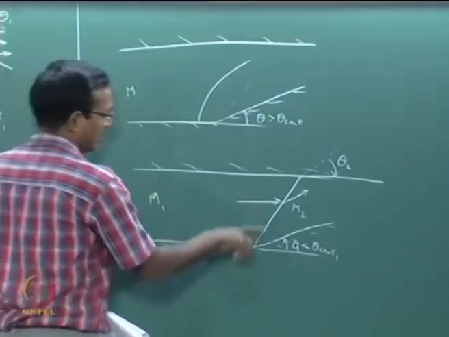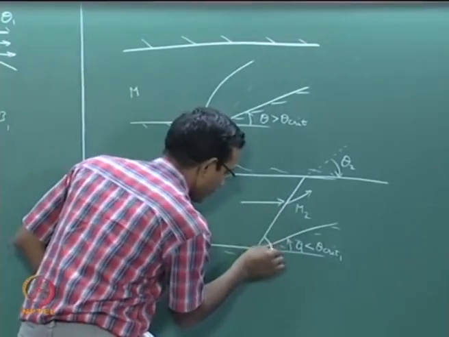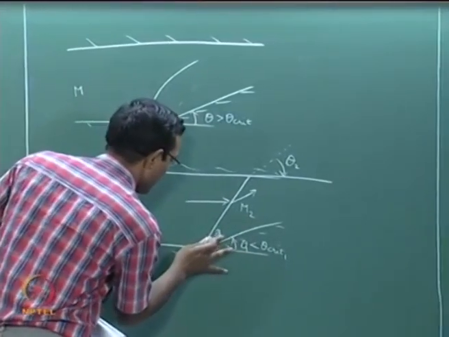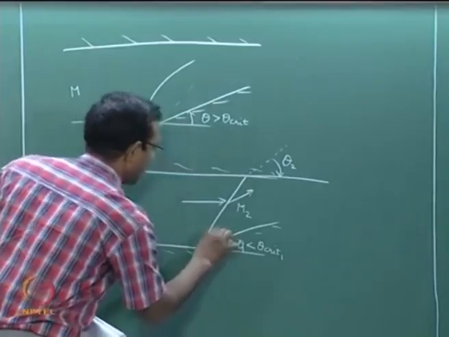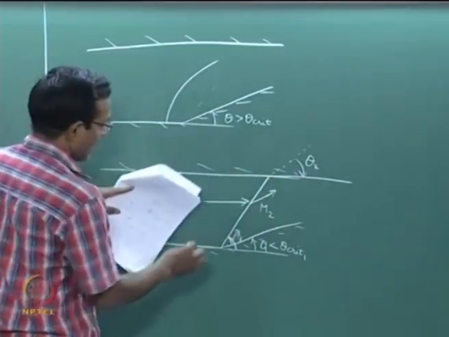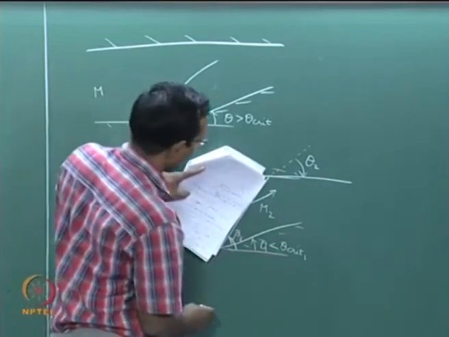It started with M1, it deflected by theta 1 and it produced M2, and this is your beta 1, and from here I am going all the way there. Now I block this portion and I look at only the post-shock flow. What do I see?